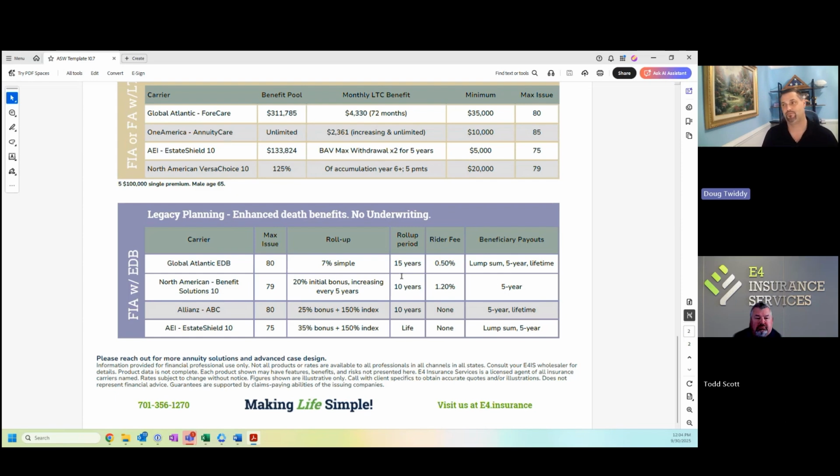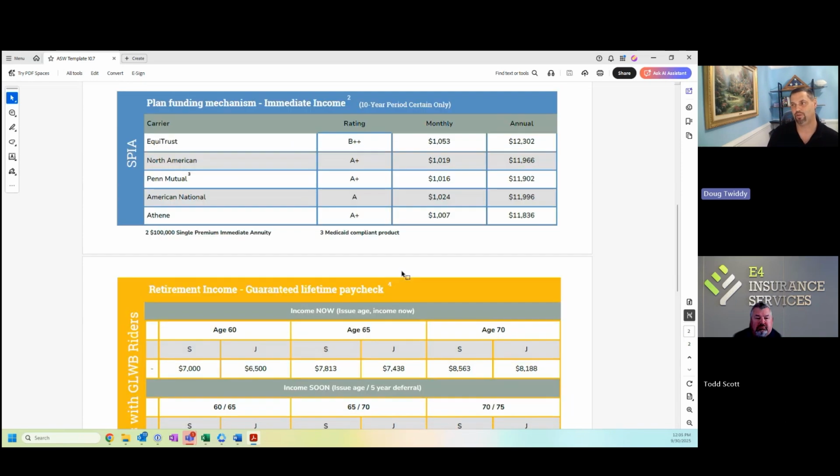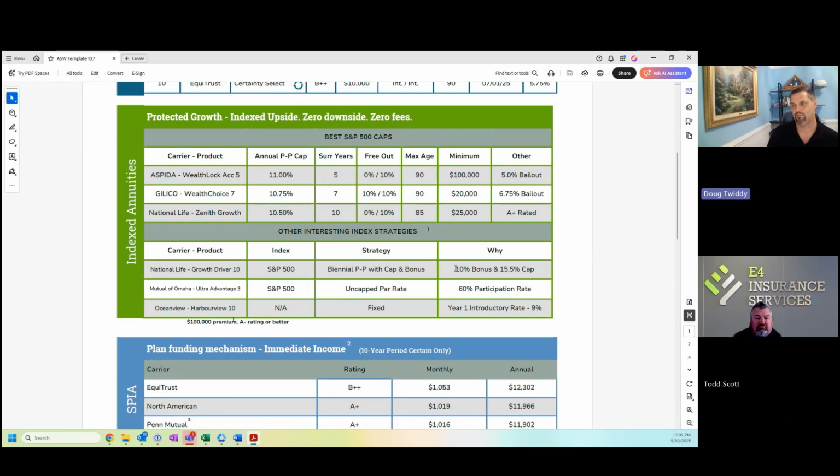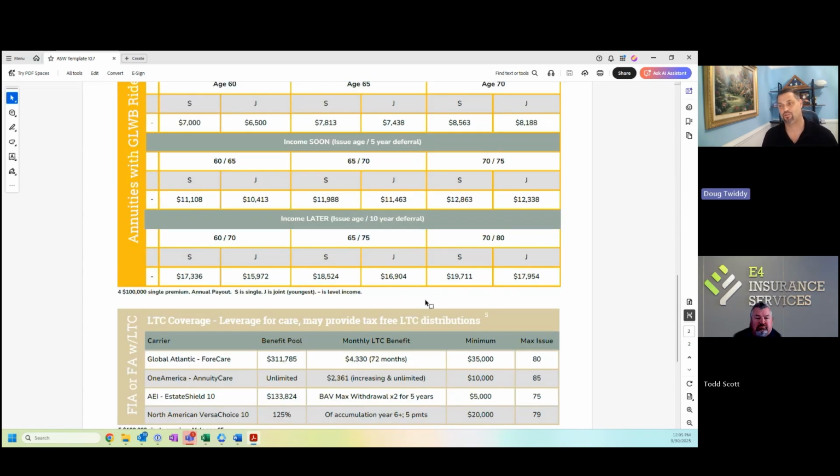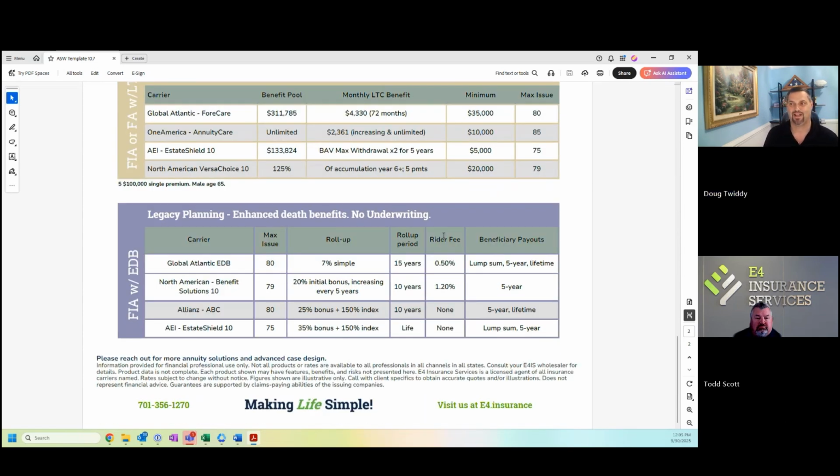We also have, as we showed up here, premium bonuses, right? You can also use a premium bonus as an enhanced death benefit. If you've got somebody that you don't think is going to make it another 2-3 years, we can do some pretty big premium bonuses. And those premium bonuses, in most cases, are guaranteed fully vested on day one for the purposes of death.